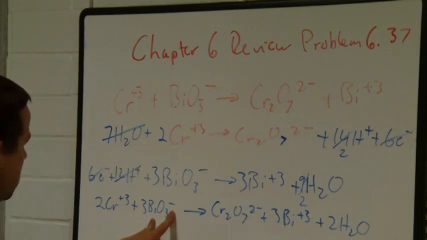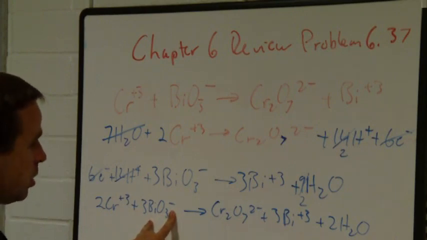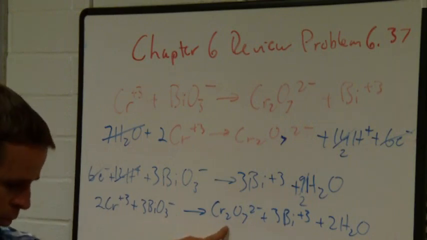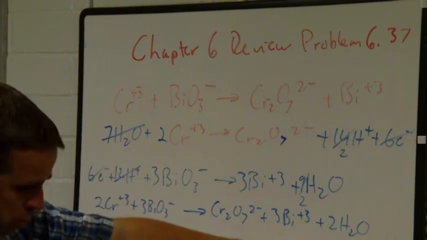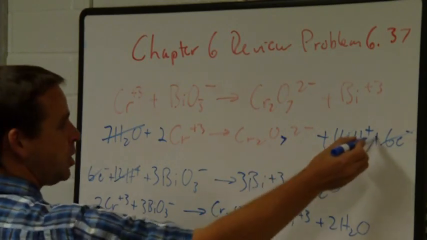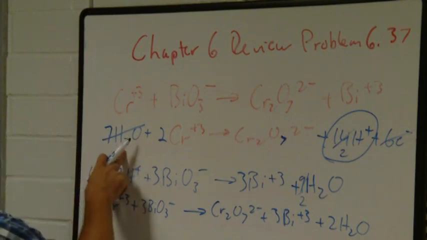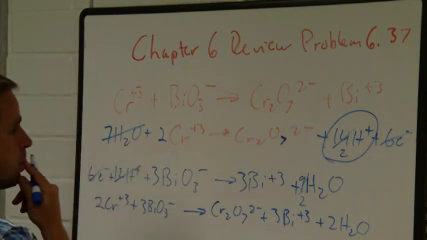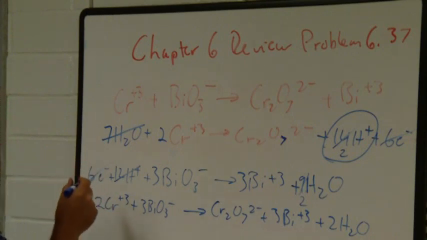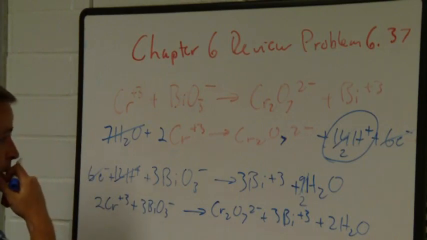We have 4 H pluses on the left here. Why do we have 4 H pluses? And then we have dichromate, 3 bismuths, and 2 waters. So we started off with 14 H pluses here because we needed 7 waters. And was this 12 hydrogens right? Oh, that's the problem.